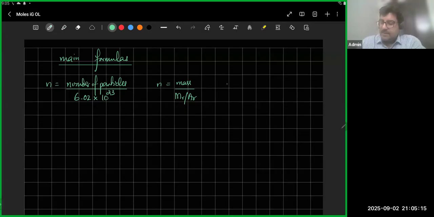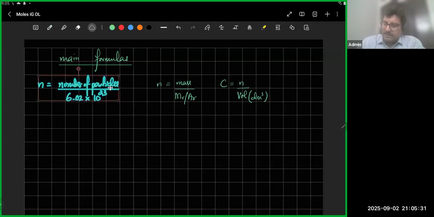Third formula, that is about concentration. What is concentration of a solution? That's the number of moles of particles in a particular volume. And the volume has to be in decimeter cube. तो थोड़ा इधर कर लेते हैं एक second.